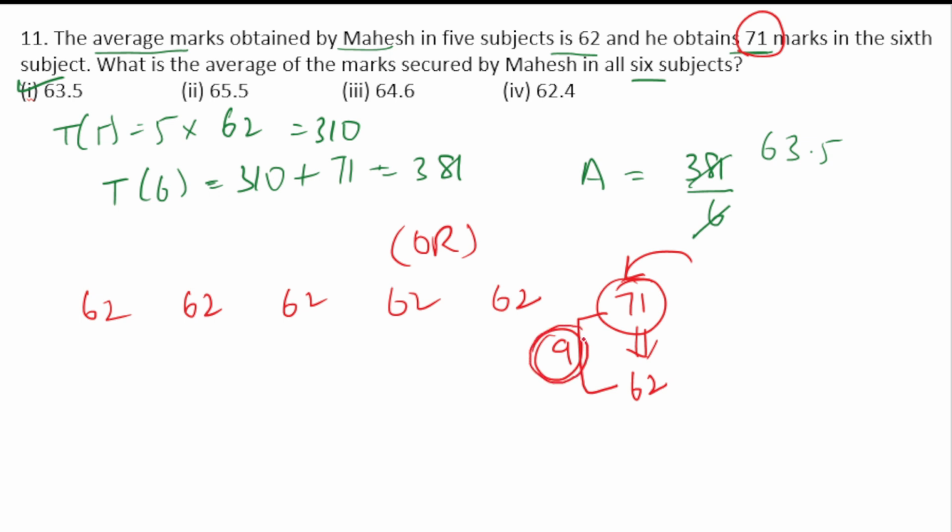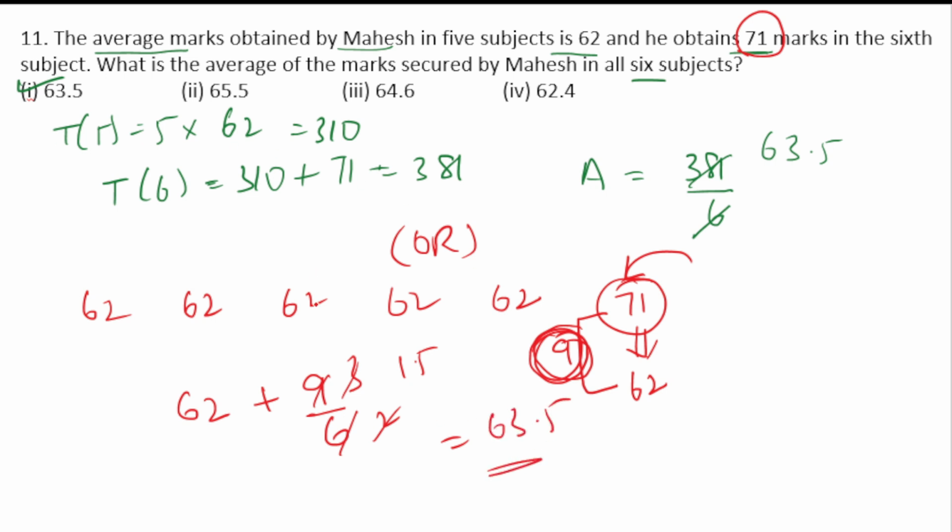So these 9 marks will be equally distributed among these 6 subjects. See, we will take the initial average. It is 62 plus 9 divided by 6, since these 9 marks will be equally divided among 6 subjects. 9 by 6 is 3 by 2, which is 1.5. So the new average is 63.5. It is the first option. That's all for this video. Thanks for watching.